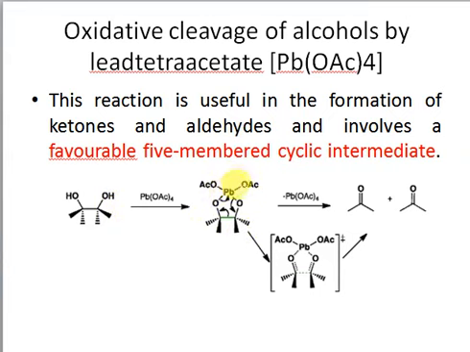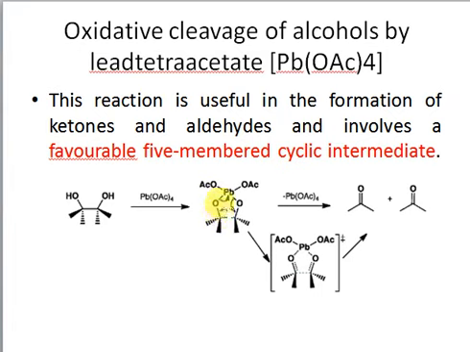So lead acetate, firstly, binds to this diol molecule, and we lose two acetate molecules, because during coordination of these hydroxyls with the lead acetate, we have to replace two of the acetates with these oxygens, right? So these oxygens form coordinate covalent bonds with the lead acetate, and upon cleavage, you can see that this carbon-carbon bond is broken.